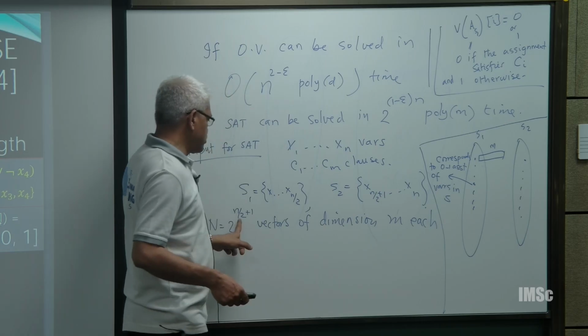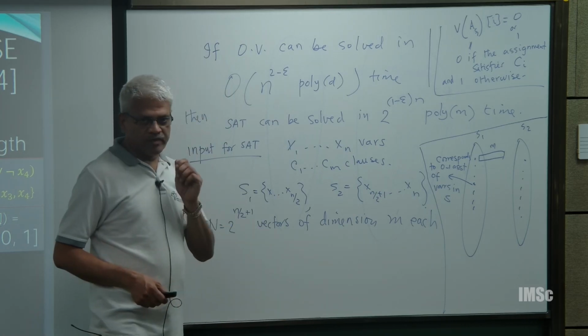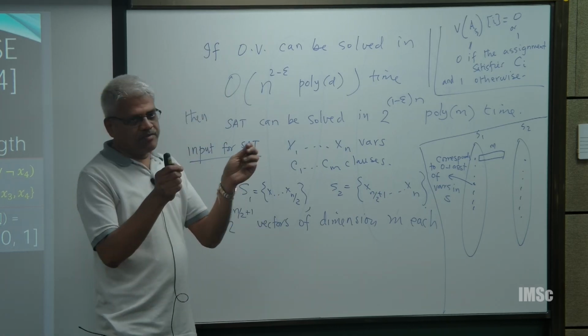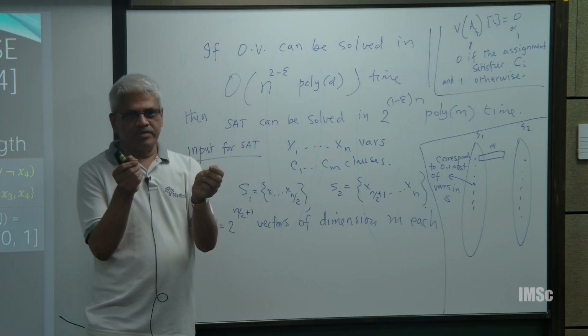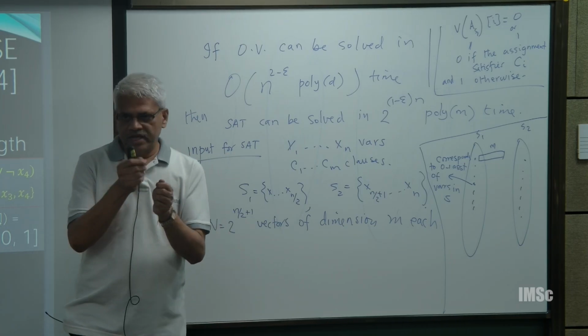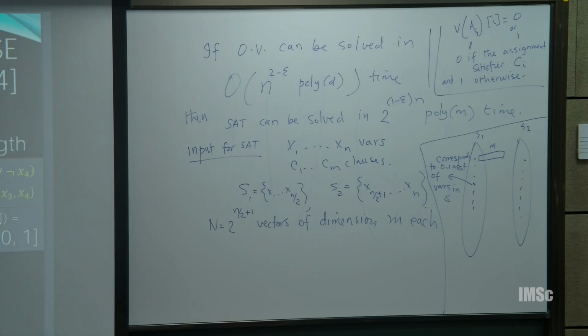So, that number of vectors will be 2 power n by 2 plus 1. And they are of m dimension, and what do I have in that m dimension? There is a dimension corresponding to a clause. So, I look at the assignment and see what are the clauses it is satisfying. Wherever it is satisfying, I put a 0, wherever it is not satisfying, I put a 1, that is all. So, I have so many different vectors.